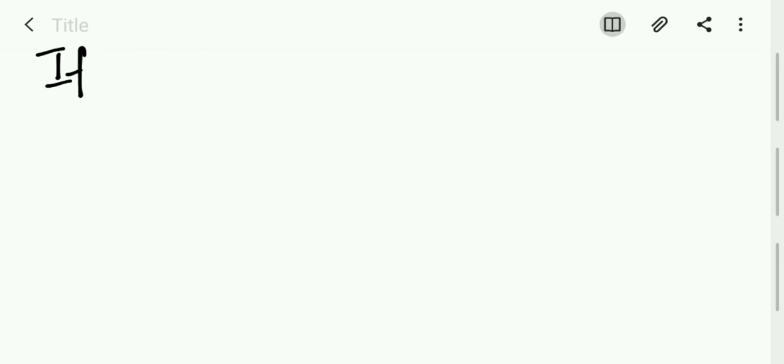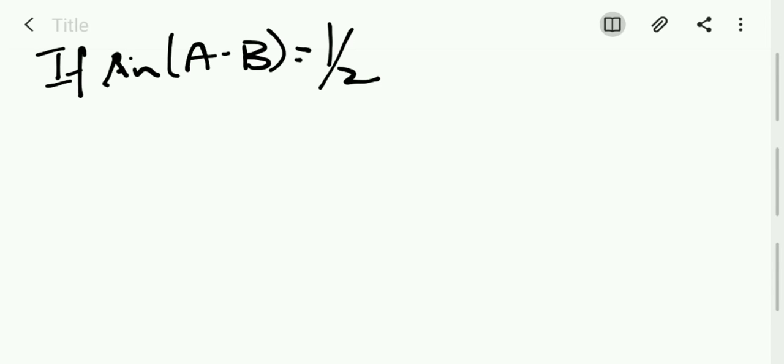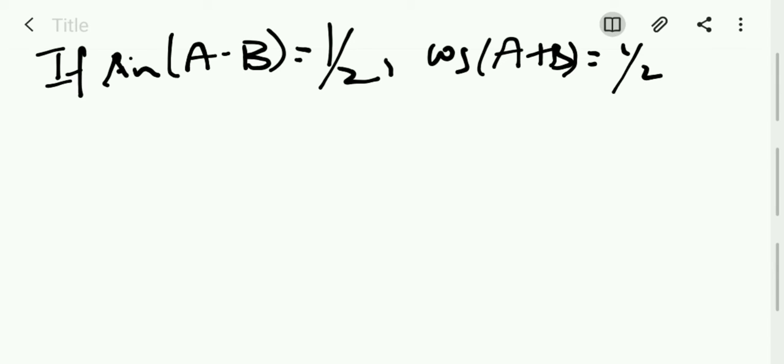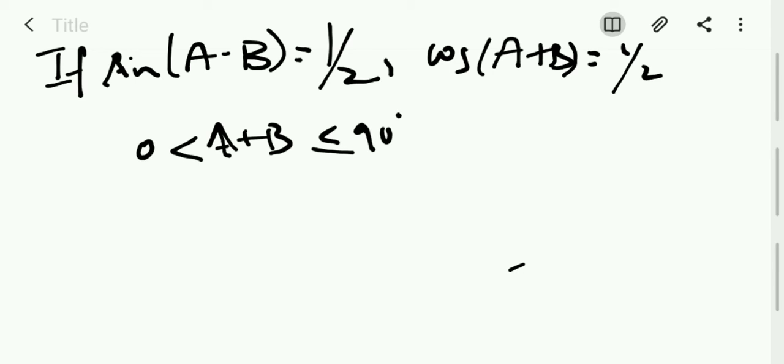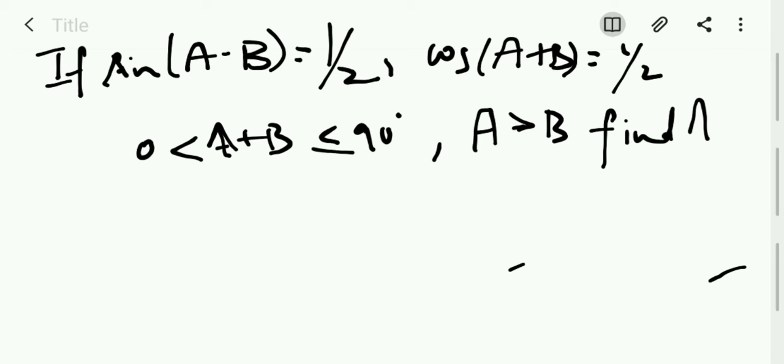If sine (a minus b) is equal to 1 by 2, and cos (a plus b) is also equal to 1 by 2, where a plus b is less than or equal to 90 degree but greater than 0, and a is always greater than b, find a and b.